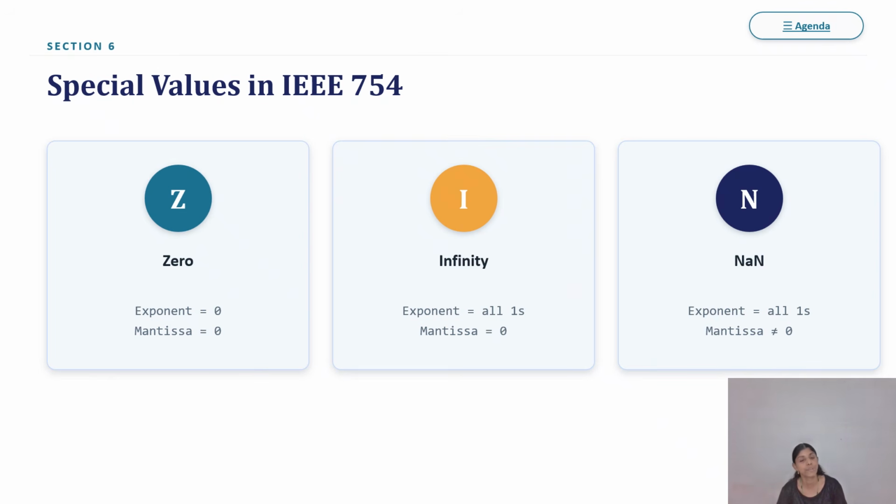So these are the special values in the IEEE 754 standard. So the standard you have to follow for your floating point representation is minus 1 power s, 1 dot m, and 2 power e plus b, right? Okay.